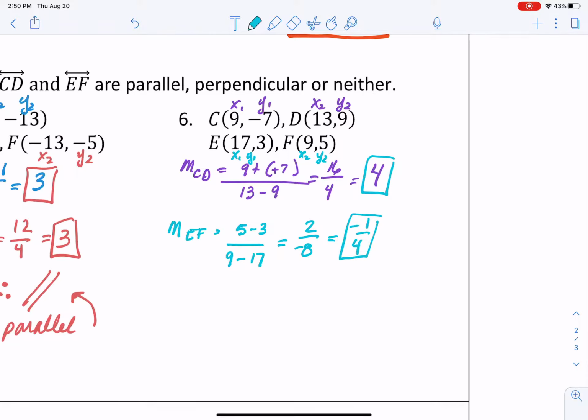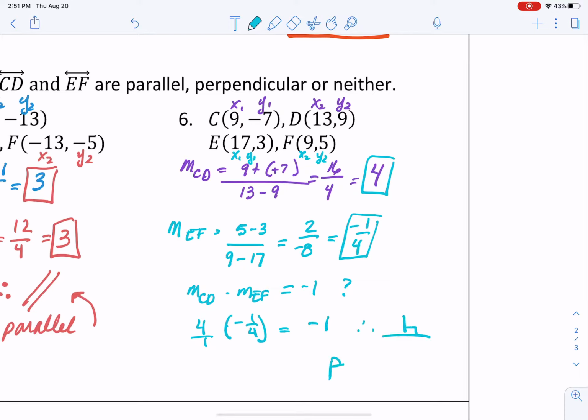So then I want to look at: does the slope of CD times the slope of EF equal negative 1? So that's 4 times negative 1 over 4. This is actually over 1, and that equals negative 1. Therefore, they are perpendicular.